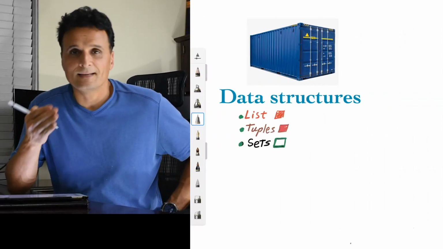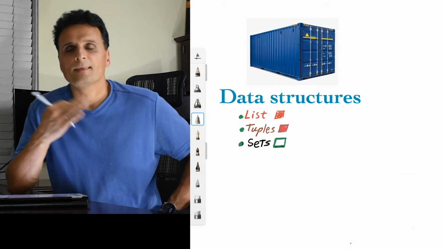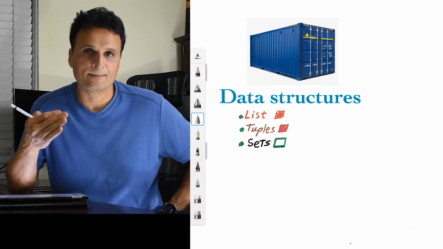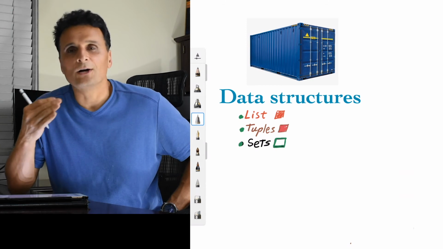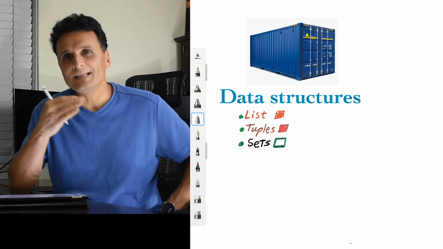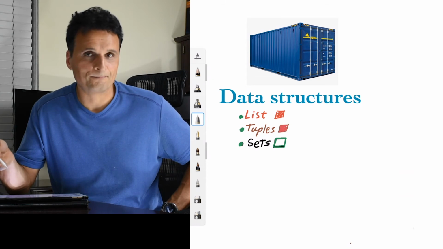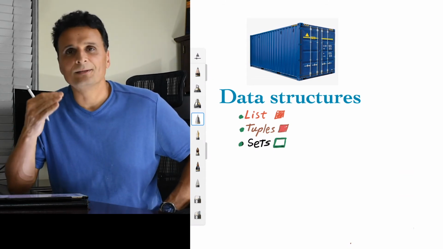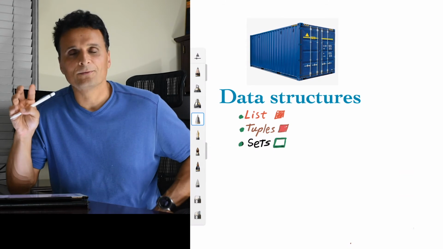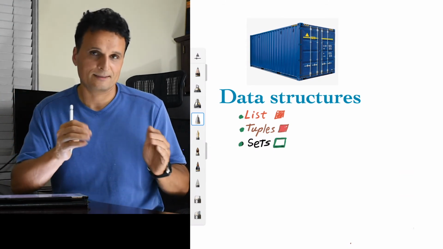We learned about lists and tuples. The third one is sets. Sets are containers of unique elements without any particular ordering, which means there are no indices for the data inside of sets.